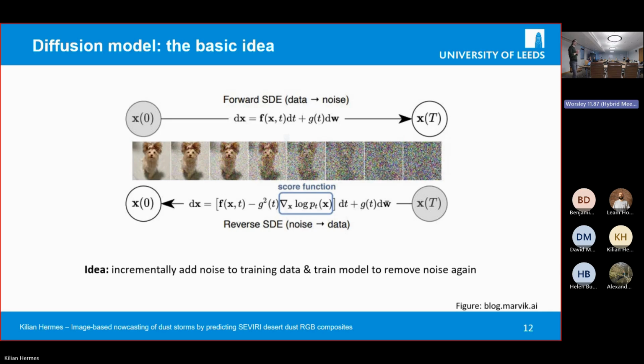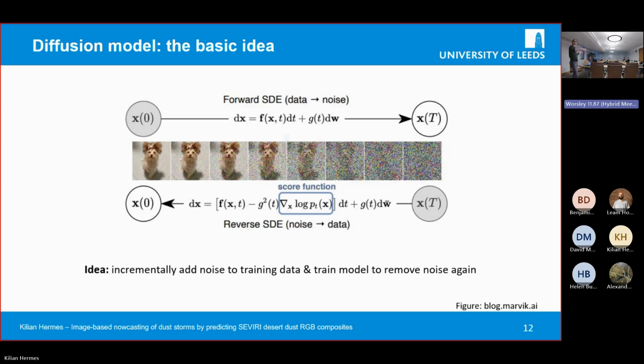There are multiple ways to implement that. In my case, I'm doing it with, say, the most simplistic version in image space, where the model is given the information of the step, basically, where we are, how many steps we already added noise, and what the denoised image should look like.